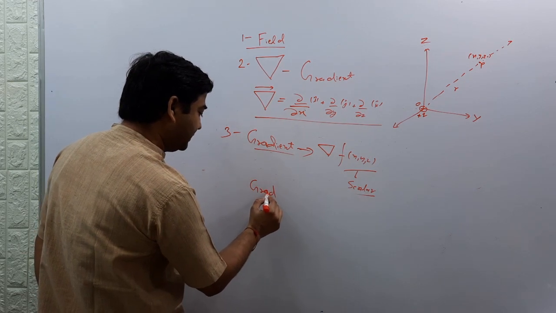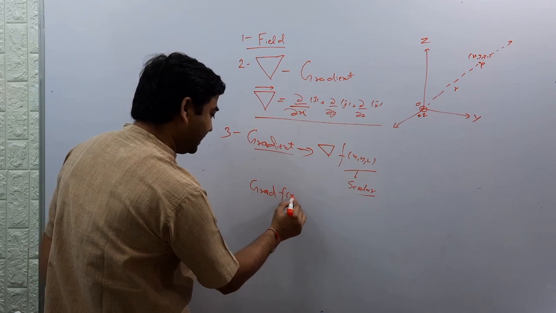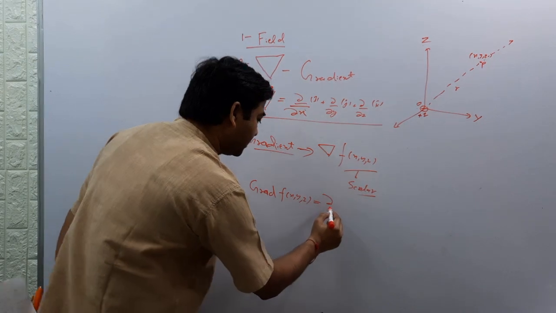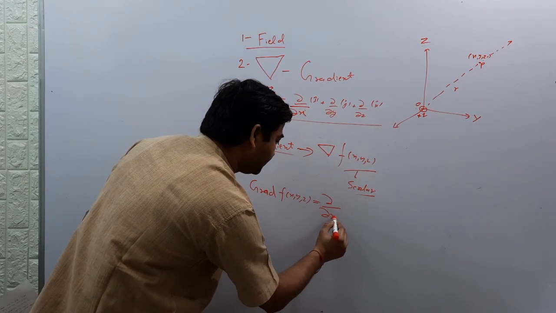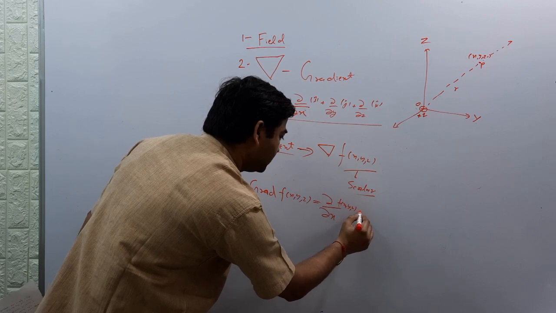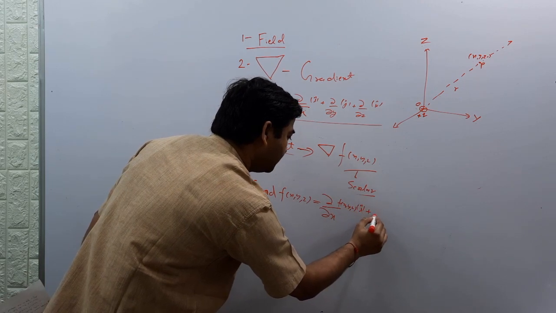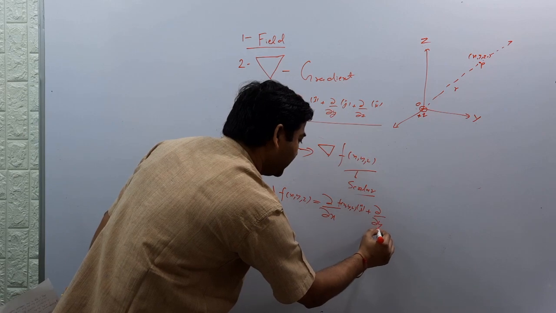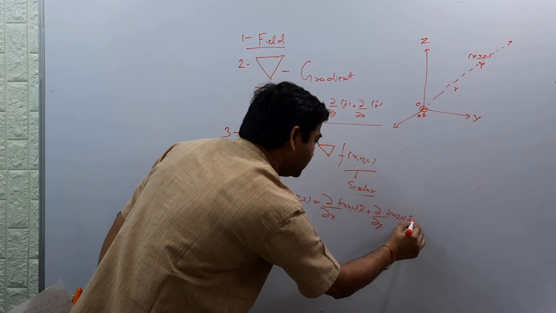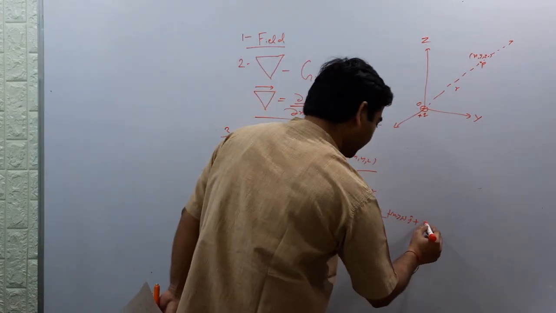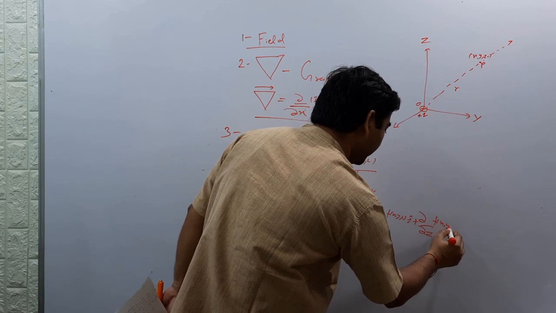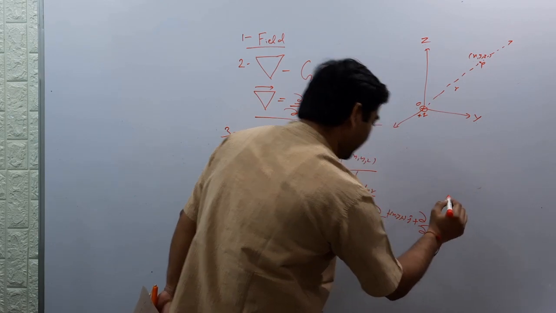Grad f(x, y, z) is equal to del/del x of f(x, y, z) i plus del/del y of f(x, y, z) j plus del/del z of f(x, y, z) k.